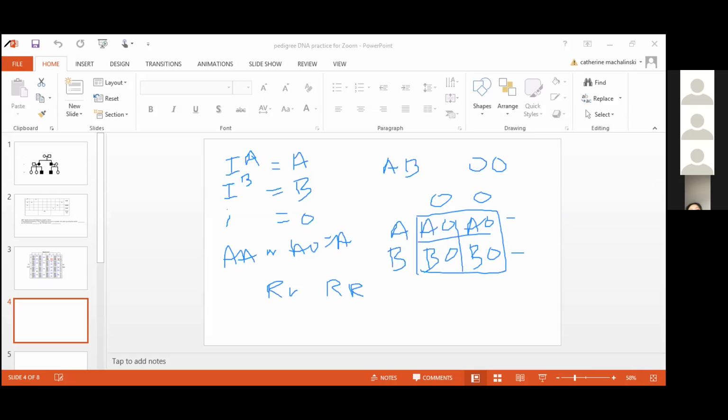Rick, I see on your PowerPoint you have a 2 and a 3. Were those to review? Because we didn't do those yet. I can't read what the questions are because it's too small on my screen, but we did the pedigree chart, and then you have 2 other things as well that we haven't done.